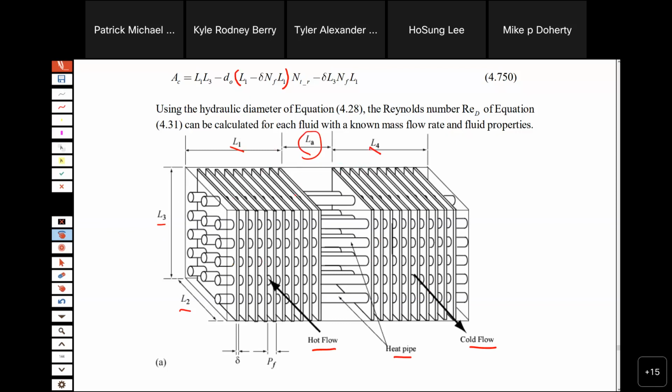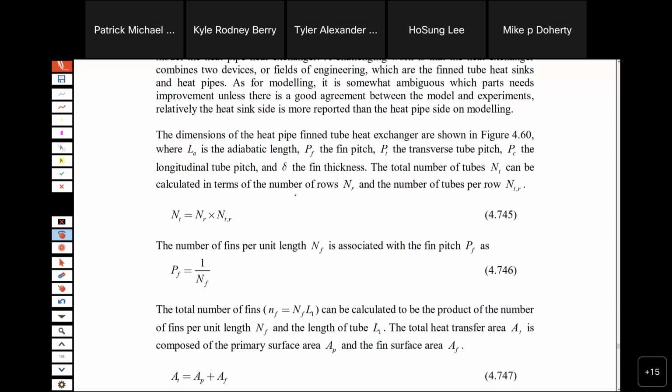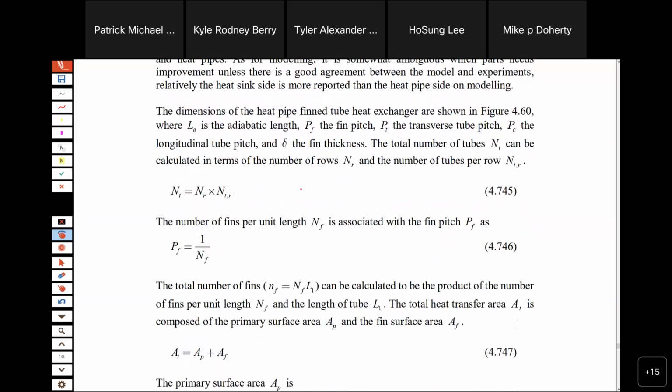So this type, something, the total number of tubes is the number of rows times the number of tubes per row. You know what I mean?